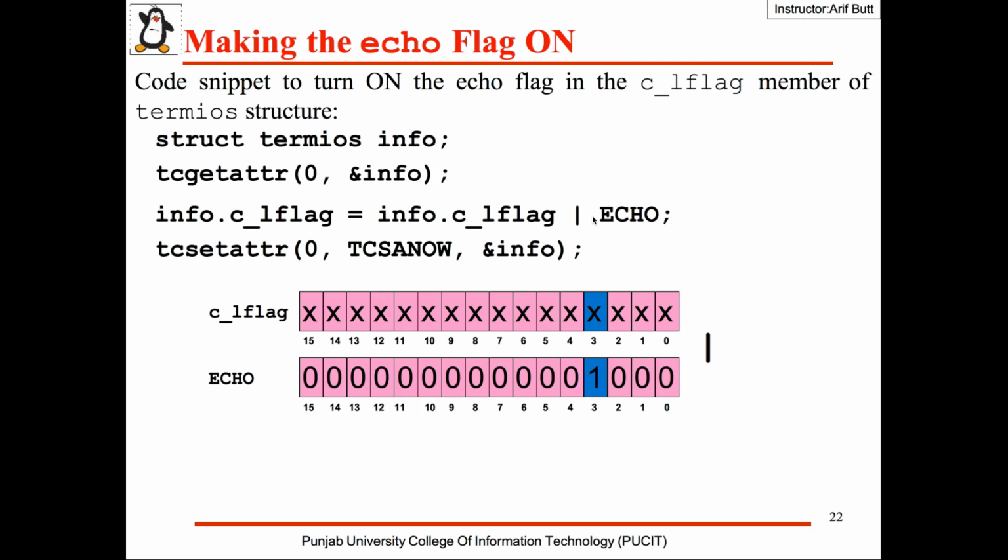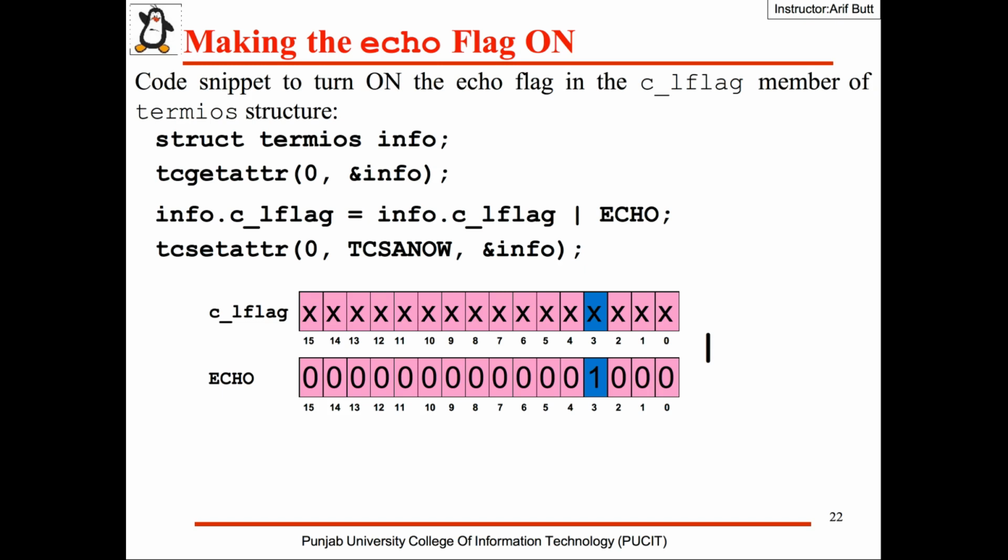Once this is bitwise ORed, it will be placed in the new local flag of the termios structure. And then the third step, that is to set the attributes as per this termios structure now. And TCSANOW says to do it immediately. Update the driver settings immediately.